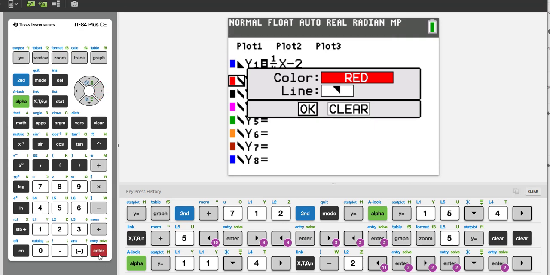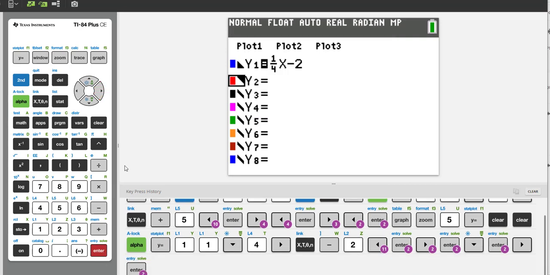Press enter twice. Press the right arrow twice to go to the Y2 line to input your second linear inequality. Type in negative 4 and press the X key. Press the plus key and type in 2.